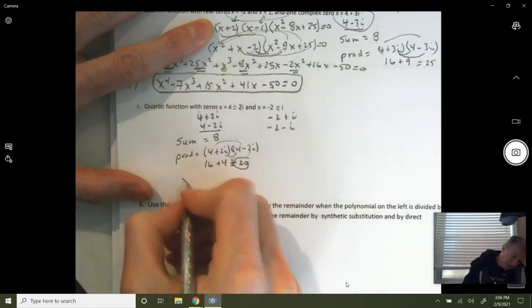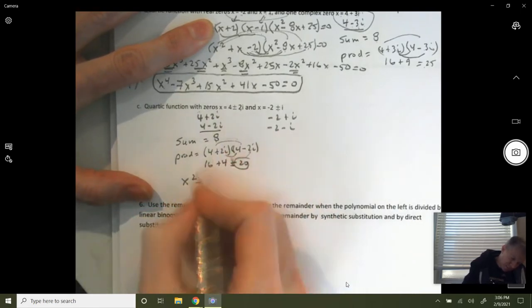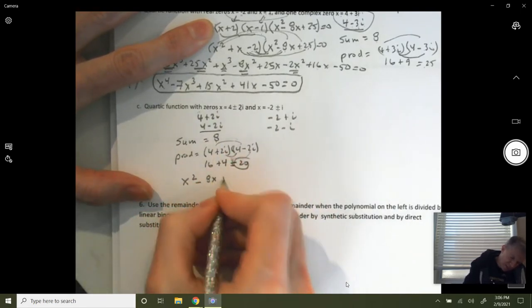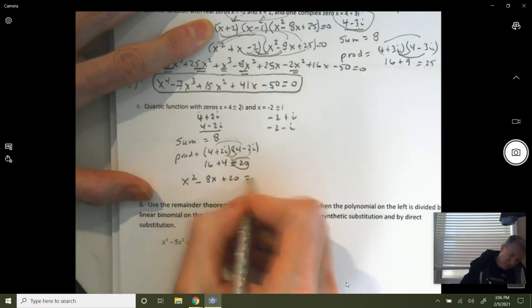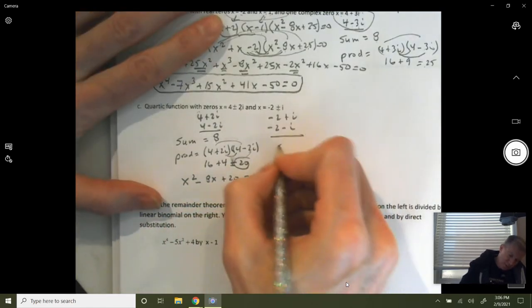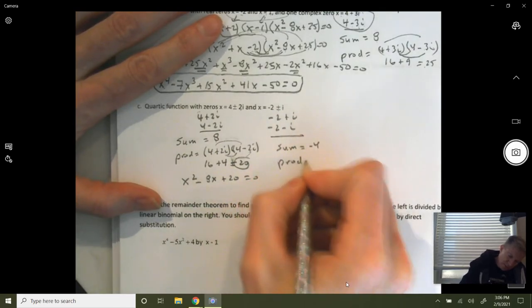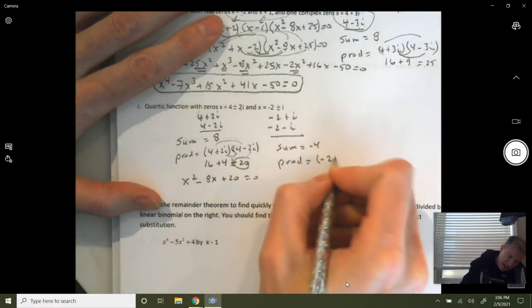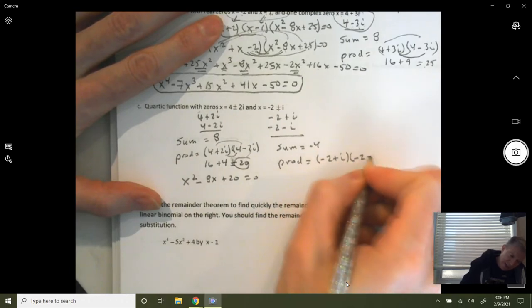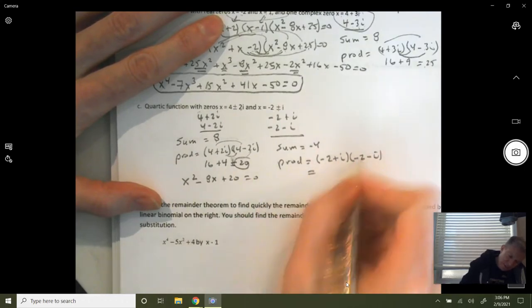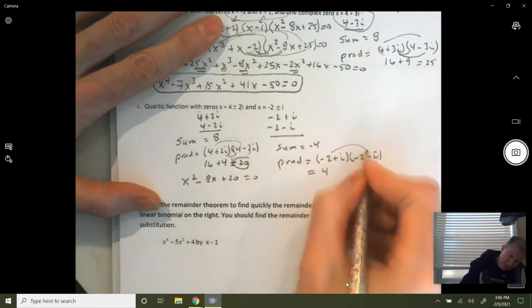So we've got x squared minus the sum of the roots times x plus the product of the roots equal to 0. So the sum of these two roots is -4. The product of these two roots is -2 plus i times -2 minus i, which is -2 times -2 is 4. Outers and inners cancel.